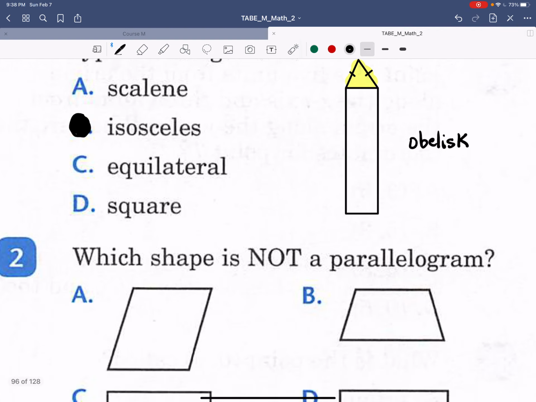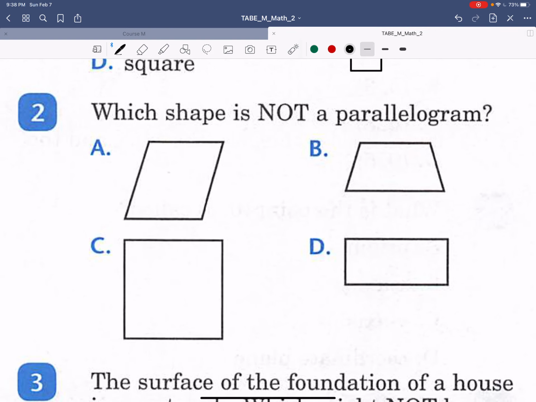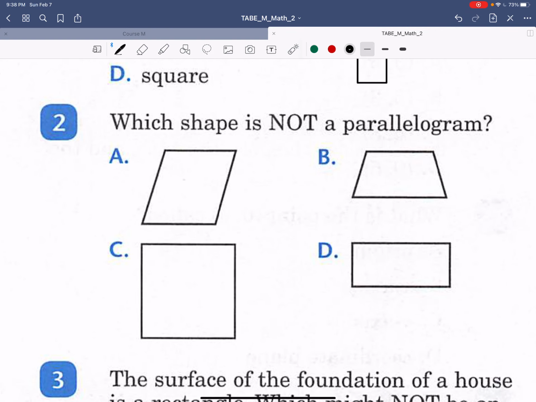Okay, number 2. Which shape is not a parallelogram? Parallelograms have two sets of parallel sides. So there's one set. There's a set. This is a parallelogram. Its specific name is a rhombus.